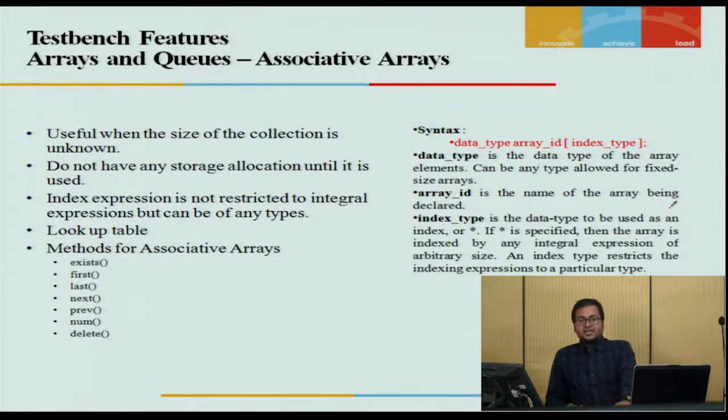But once the index is being used, that index has to be constant throughout the use of the associative array. For example, if the index uses an int, it restricts that index expression to that particular type.